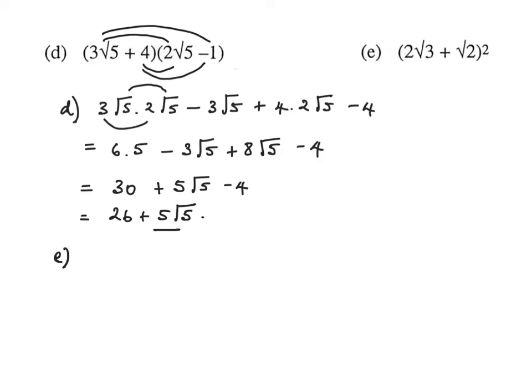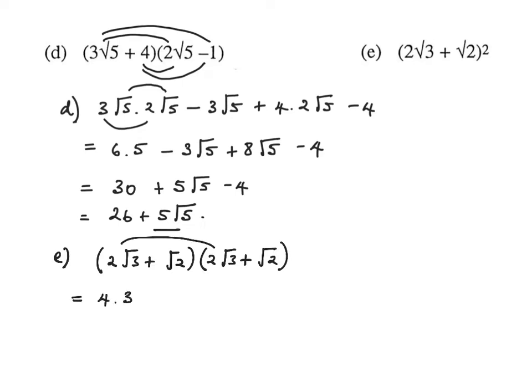Part E, we've got 2 root 3 plus root 2 squared. So, 2 root 3 times 2 root 3, the 2 times 2 gives me 4, root 3 times root 3 is 3.